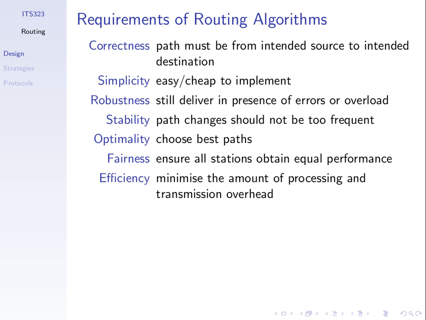Our algorithm should be simple, so it's easy and cheap to implement. If we need to have computers running this algorithm, we want to minimize the amount of overhead in running the algorithm and performing the calculations. It's simple to use some computer software to calculate all the least cost paths for this network with 6 nodes.